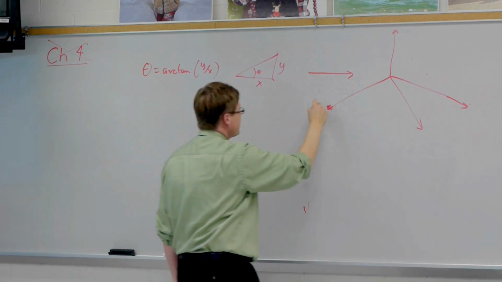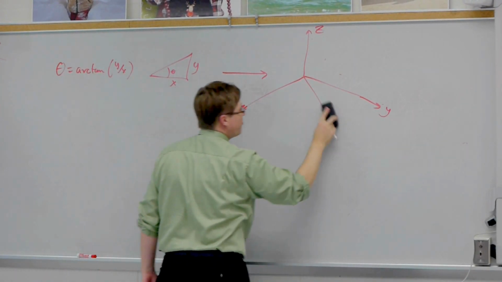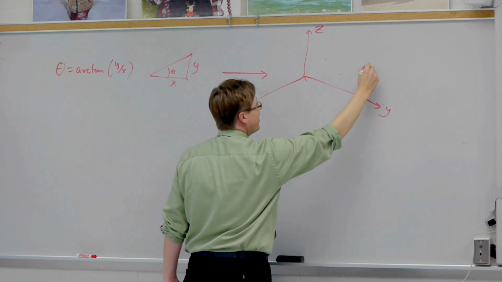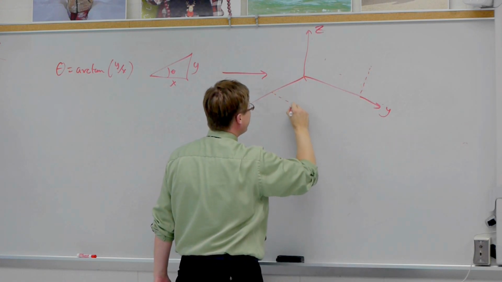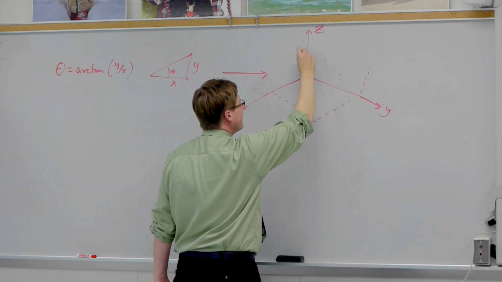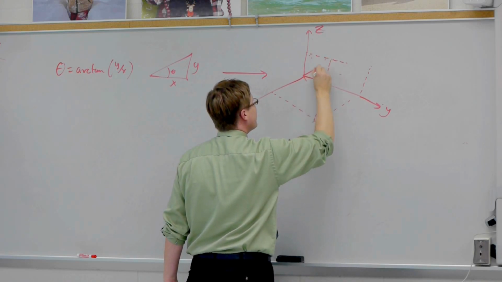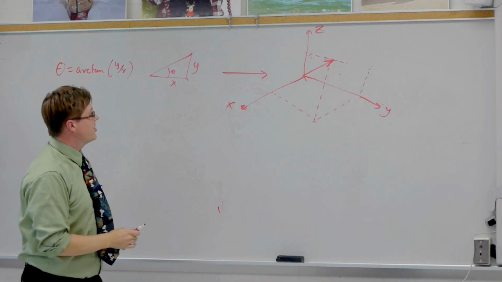But here's my axes, x, y, and z, and that's a line. Let me make it a little bit more linear. Let's say there, there, there. Okay, there's a line.